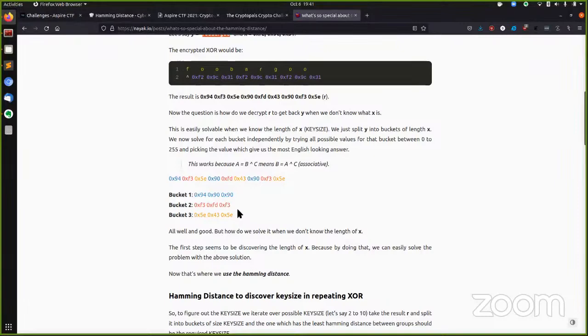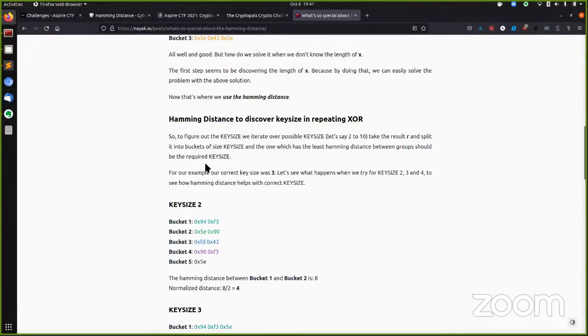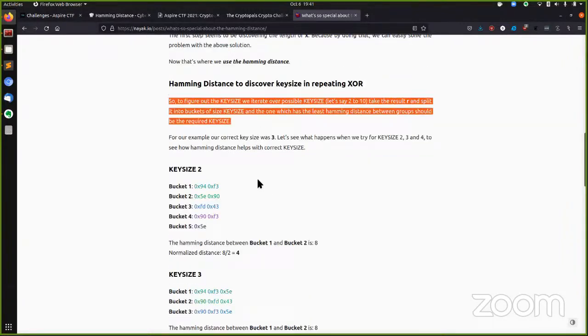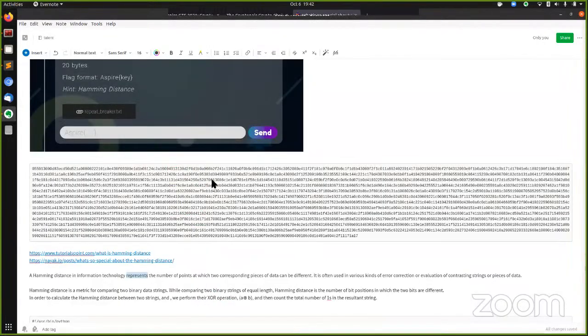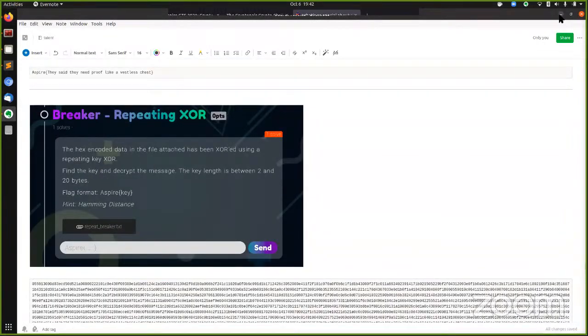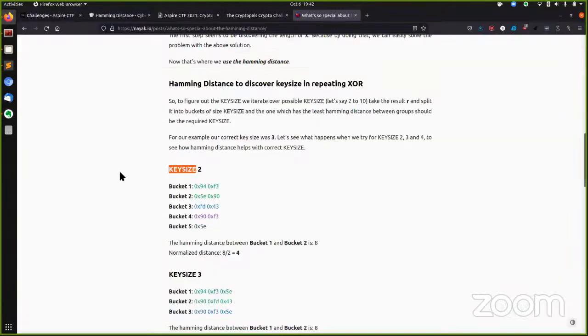In this case, what he has done here is start with possible key size guesses. You can start with the lowest key size you want to guess. Let's say in our case, we were told that the key size is between 2 and 10. So we would start guessing a key size of 2.